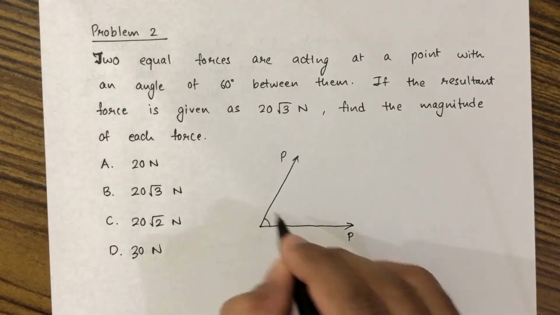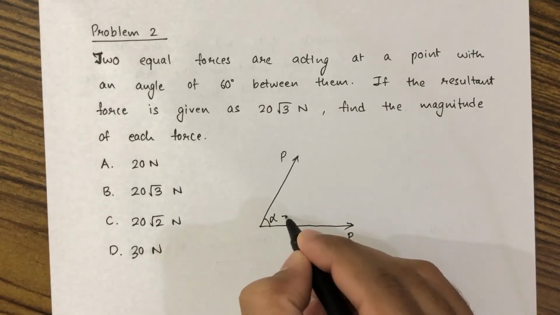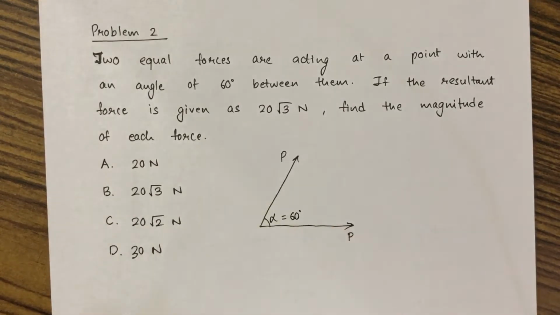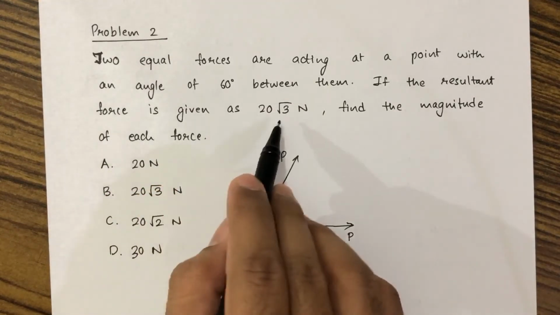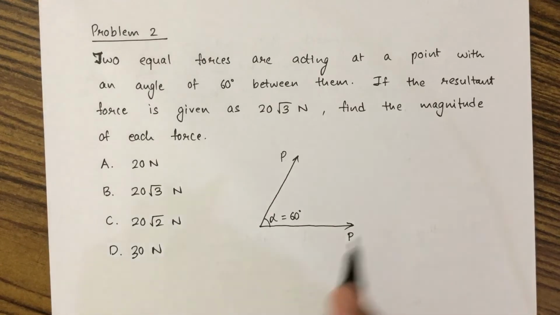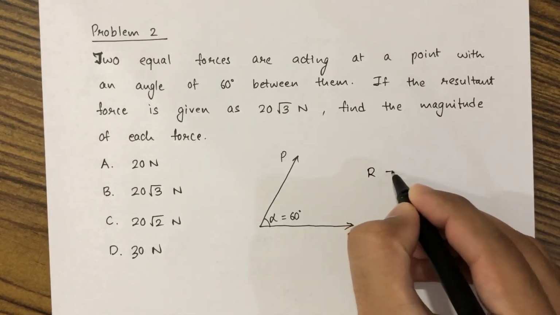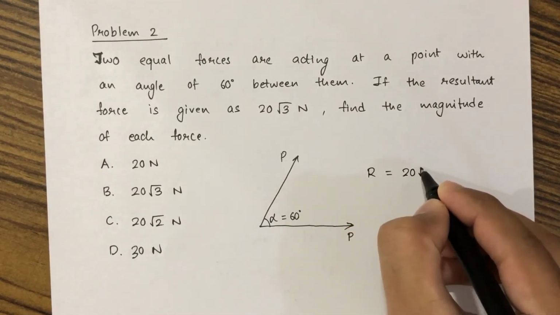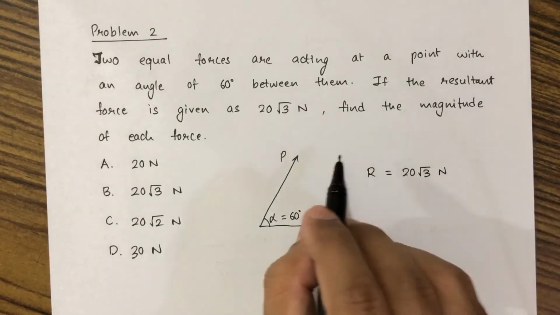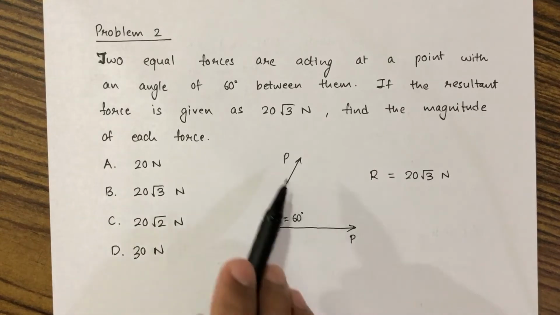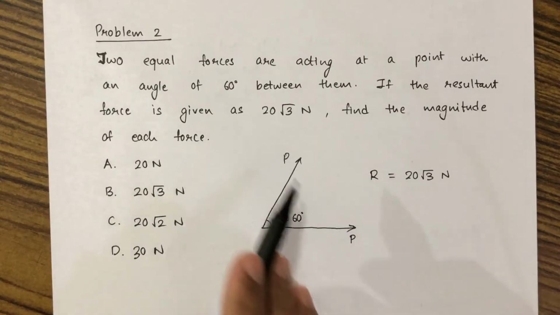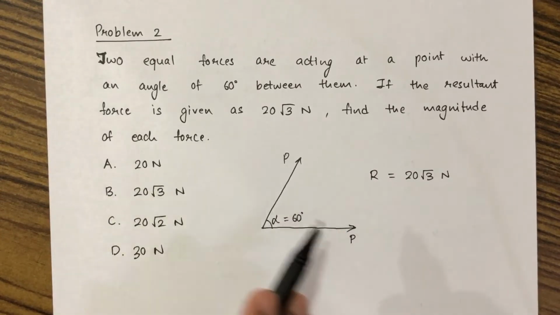So this angle between both the forces is alpha, and this alpha is 60 degrees. If the resultant R is given as 20 root 3 Newton, we have to find the magnitude of each force, means we have to find the magnitude of this force P.